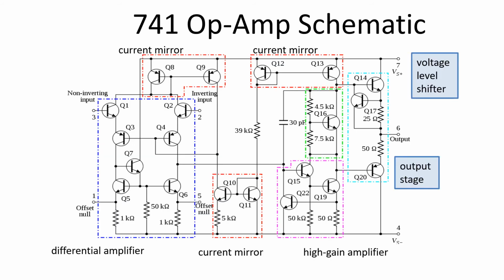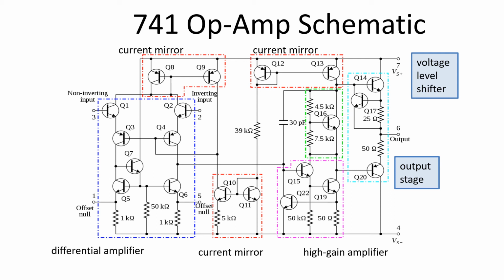This is the internal schematic. Don't worry, we are not going into much detail on the circuit analysis, current or voltage measurement of this circuit, but this circuit has been shared with you so that you can understand what is inside the operational amplifier.